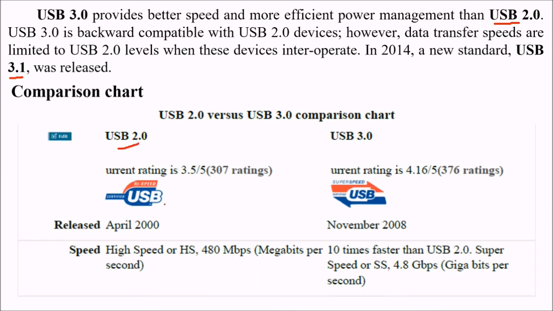USB 2.0 was released in April 2000, while USB 3.0 came after 8 years in November 2008, while USB 3.1 came in 2014, around 6 years after. USB 2.0 is considered high speed because the speed was 480 Mbps, megabits per second, while USB 3.0 was considered super speed, that is 4.8 Gbps, gigabits per second.